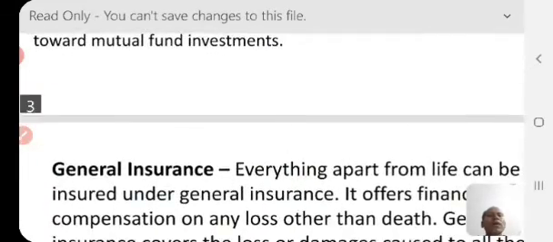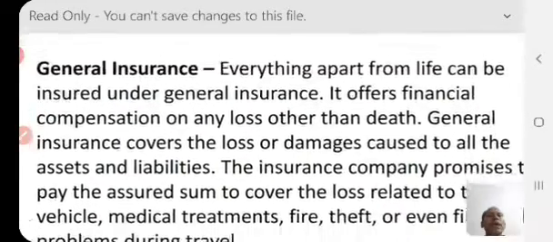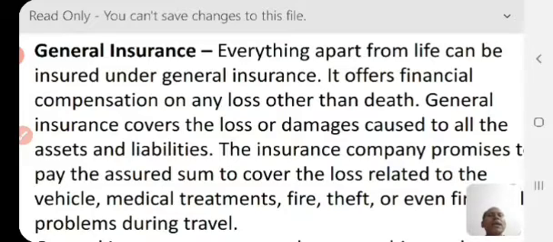Now we shall go for general insurance. Everything apart from life can be insured under general insurance. In easy terms, general insurance is the insurance which can be done on things other than lives.